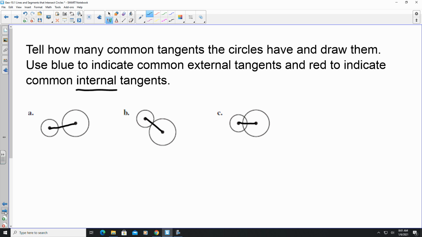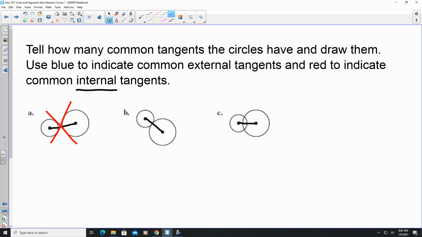So for part A, there are actually going to be two internal tangencies because I can make a tangent line here and I can make a tangent line here. And because those two red lines cross the black line that I created, that is telling us that it is an internal tangency. Now the external ones are still tangents, but they don't cross.